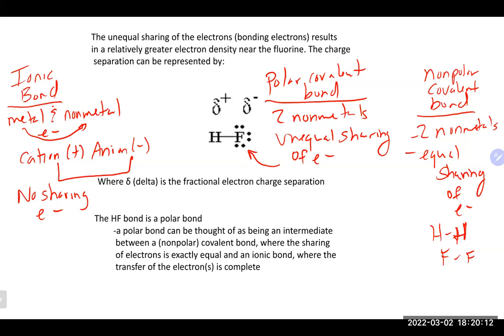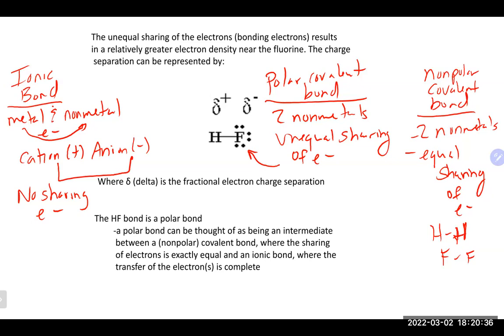And in the middle, it's not such an extreme that we give away the electrons completely, but not such a happy situation where we share them equally. We have some degree of sharing, but definitely unequal sharing, not so unequal that the electrons actually move from one place to the next. They're still hanging on and actually sharing.